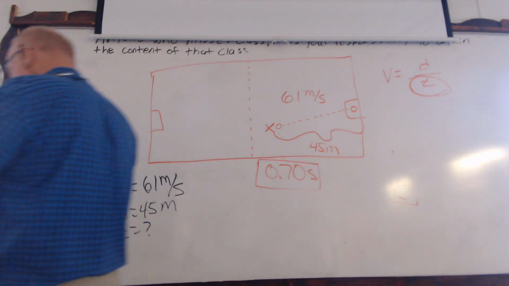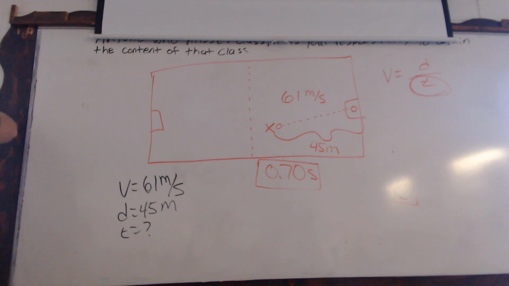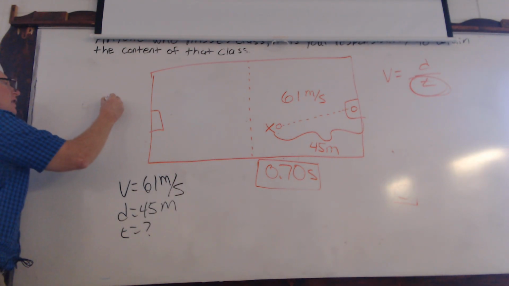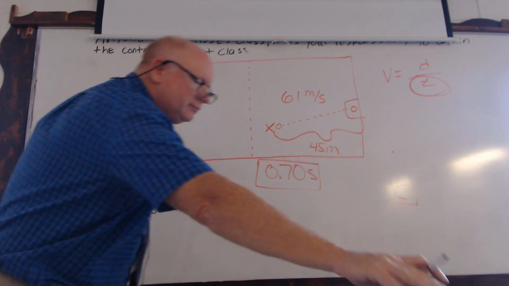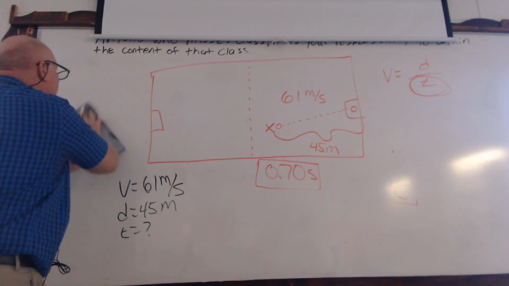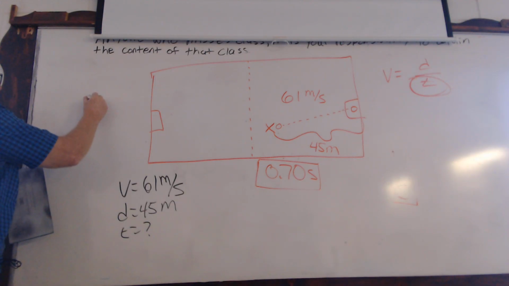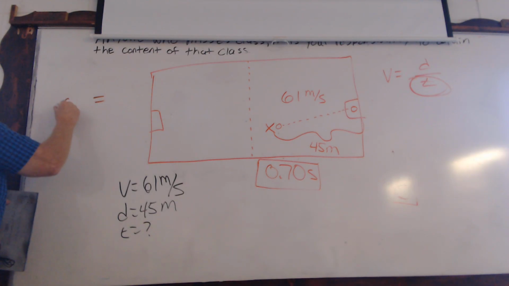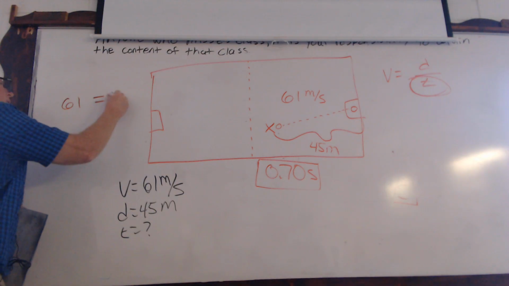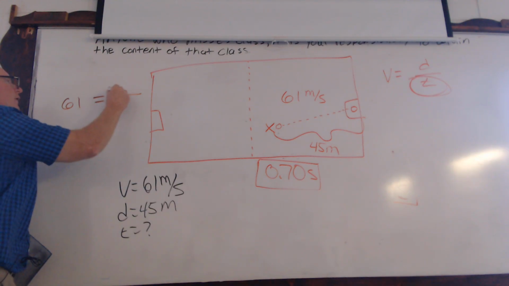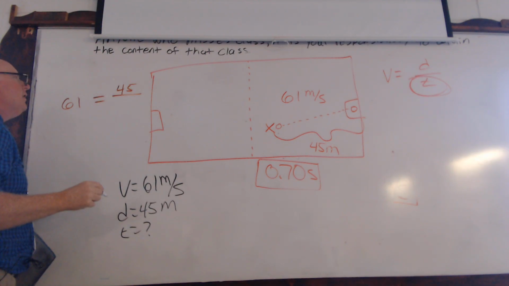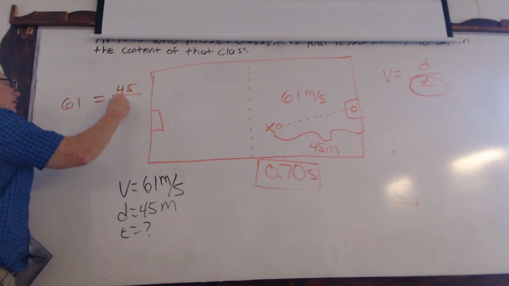So going all the way back to our first formula that we learned, we've got to do what the formula tells you to do. What goes on the left-hand side? The velocity does, which is 61. What goes on the right-hand side? Okay, now, it's the distance over time, so 45 goes on top. And then what do we have down here?